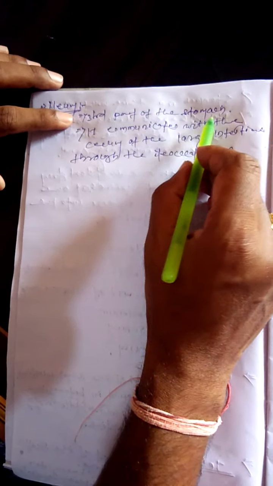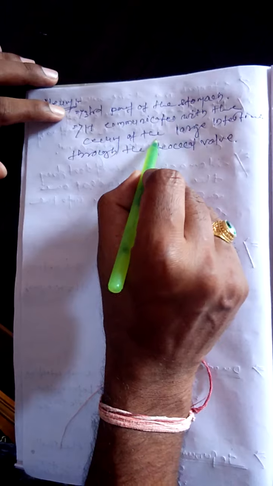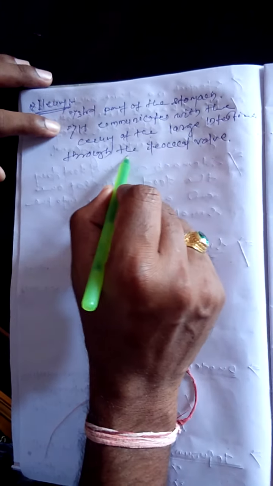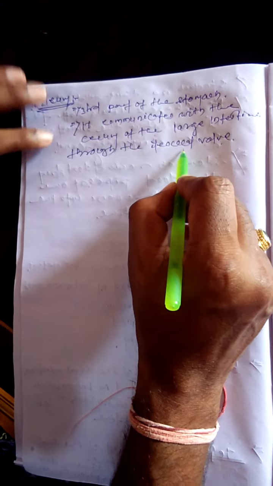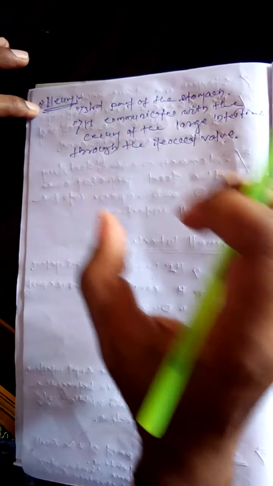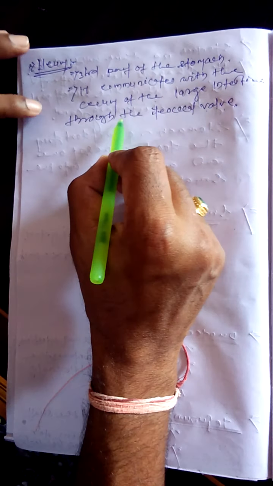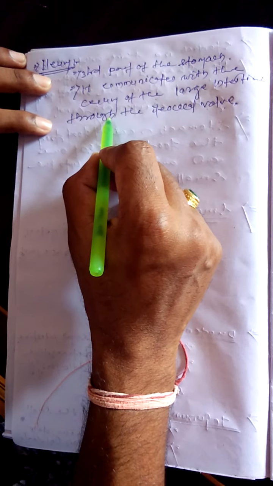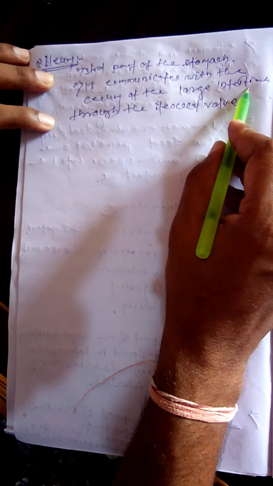Ileum is the third part of the small intestine. It communicates with the caecum of the large intestine through the valves, meaning it is the last part which is attached with the large intestine.